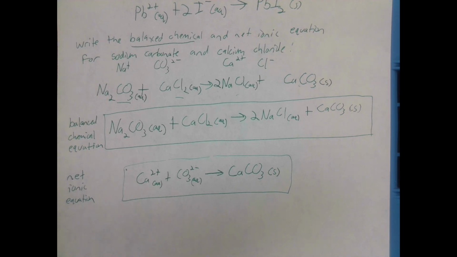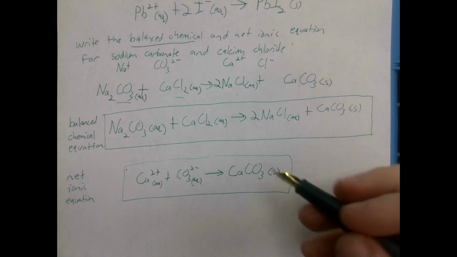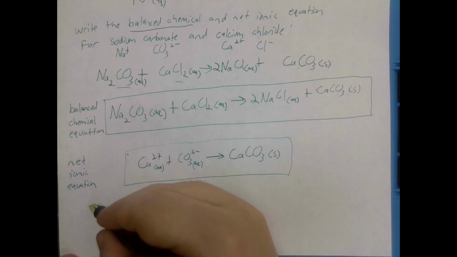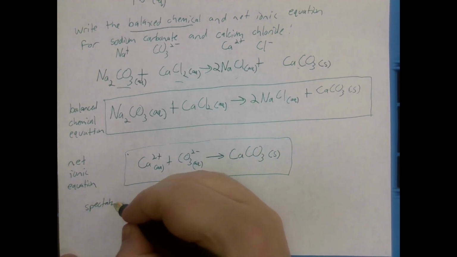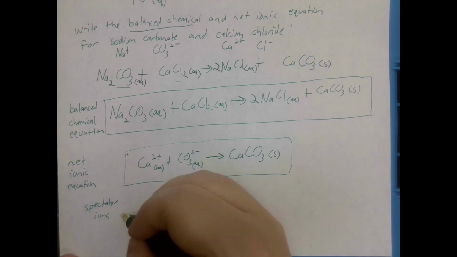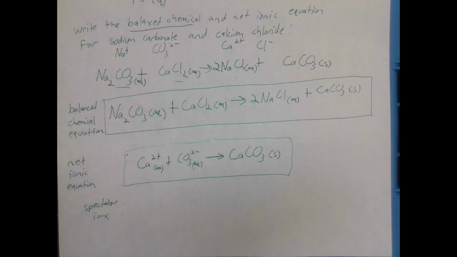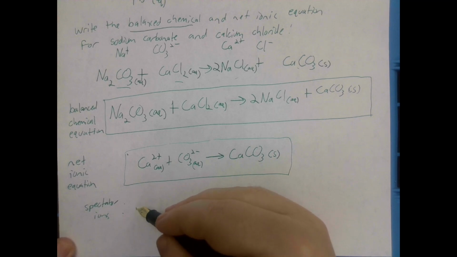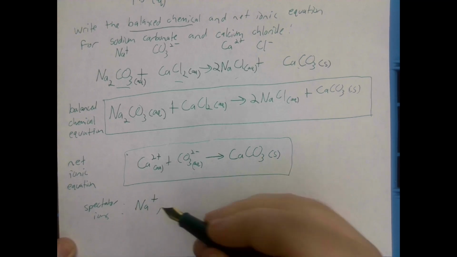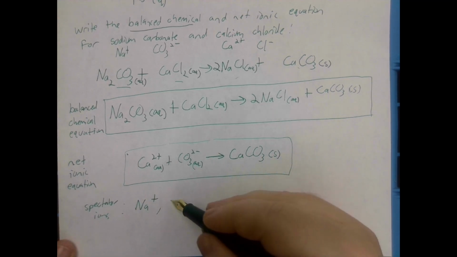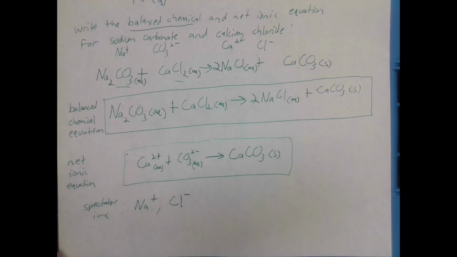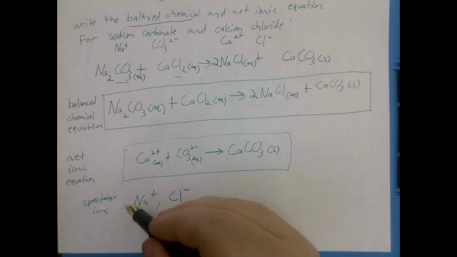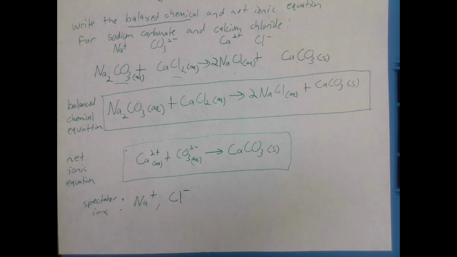Does that make sense? What are the spectators? Spectator ions are any ions that aren't in the net ionic equation. So that'd be sodium plus and chlorine negative. And that's it. These two ions are not used in the reaction.